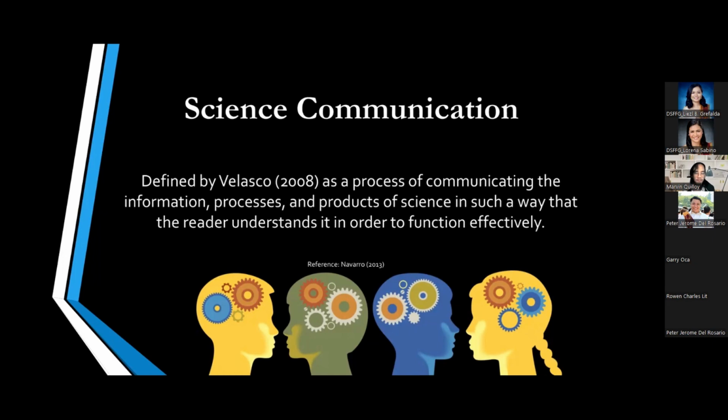So, alin dyan sa tatlong yan yung i-communicate ninyo in your particular audience so that they can function effectively. So, ano ibig sabihin nung they can function effectively? Ibig sabihin yan is that they can put the knowledge into good use. Pwede sa profession nila, pwede sa kanilang practical life, no? So kung saan siya pwedeng i-apply.